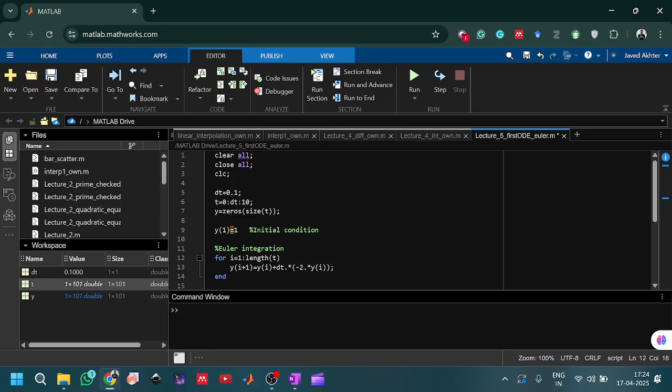This should go up to t minus 1, because at the last step, when the length equals t, the index will be out of bounds, so it will give you an error. So this is your corresponding y value updated.